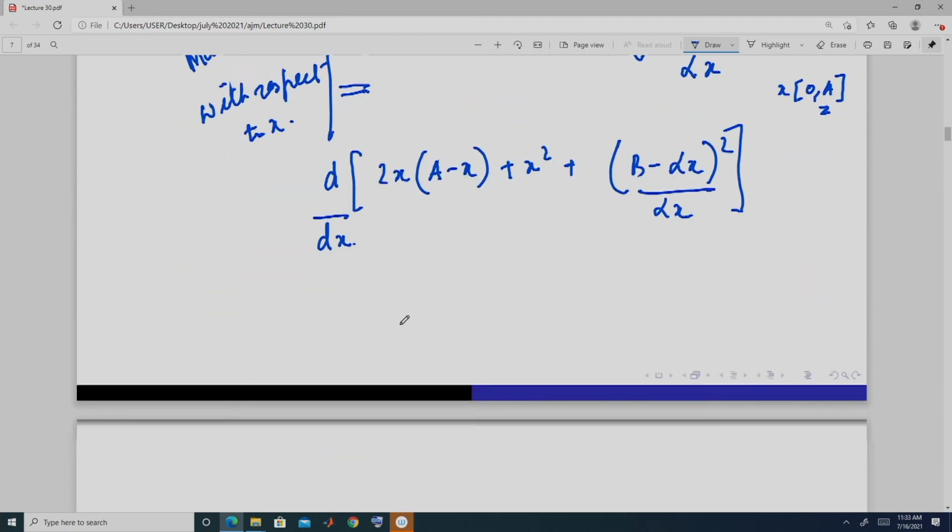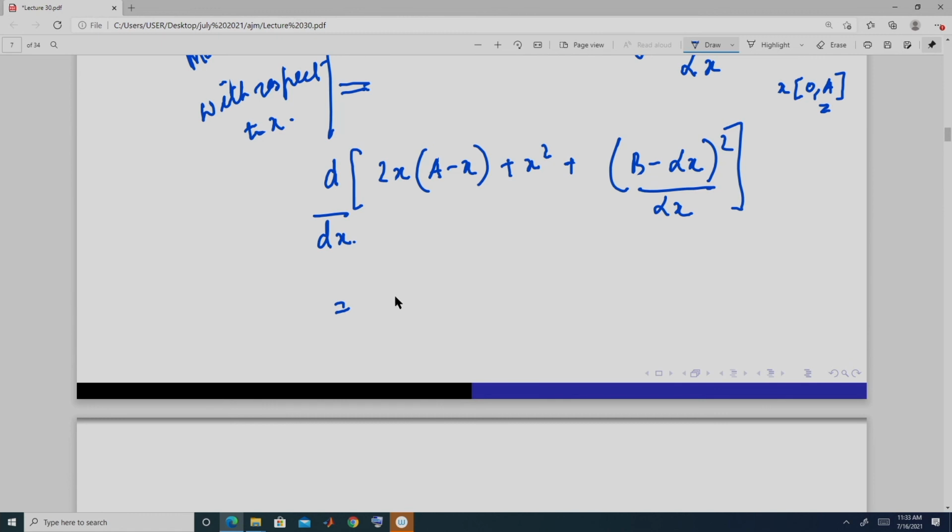And this is equal to this. This is the first order condition.